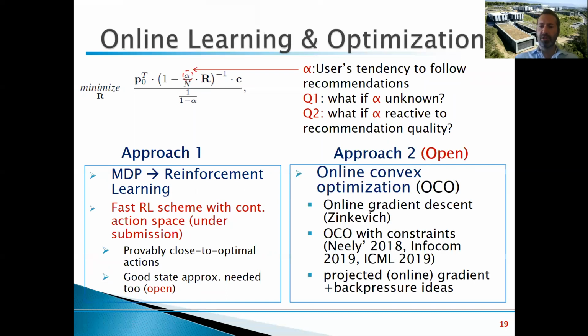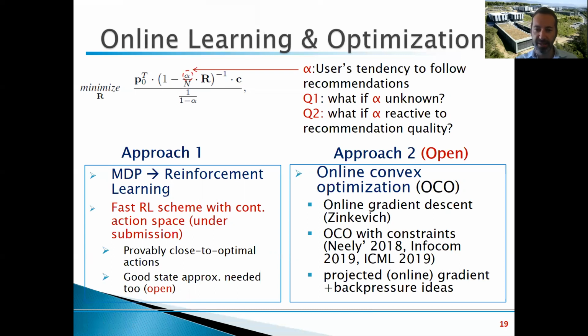The second approach that you could take, which is more powerful and more simple at the same time, depending on the setup, is that if I had a user behavior that is non-stationary or adversarial, you know, a user that gets upset, for example, if you make a lot of bad recommendations and you don't know in advance what kind of mood they might be in, then you could try to use a framework like online convex optimization.